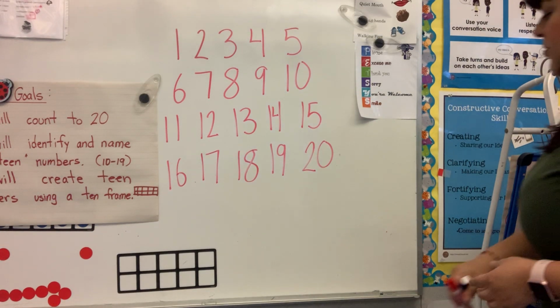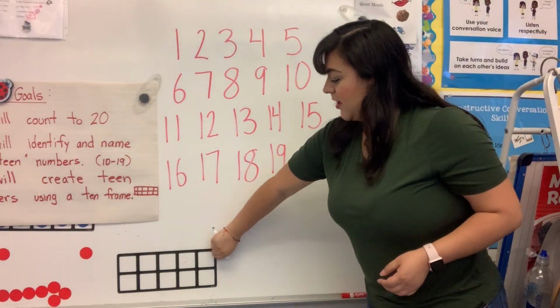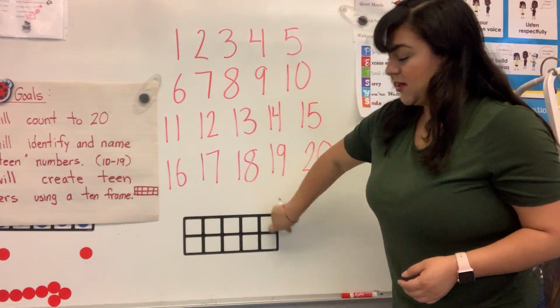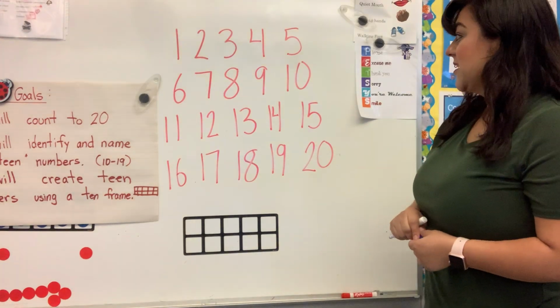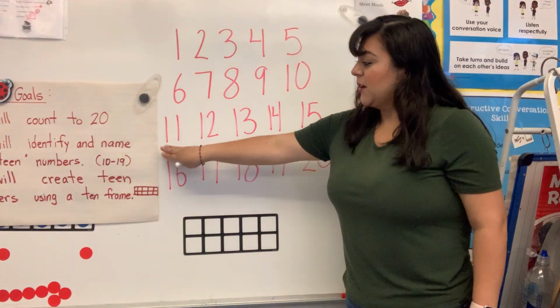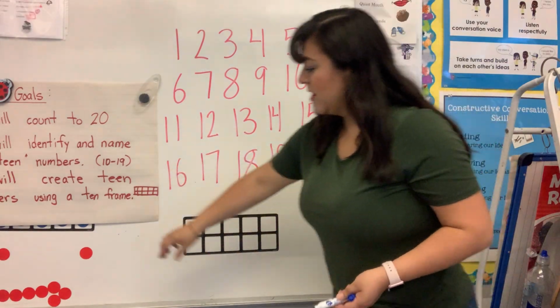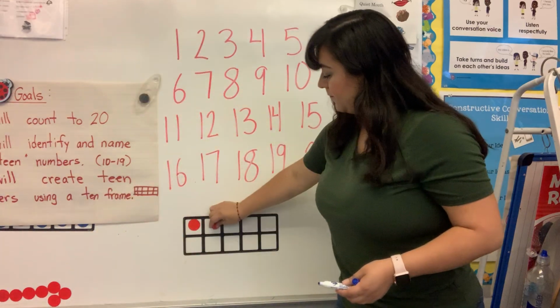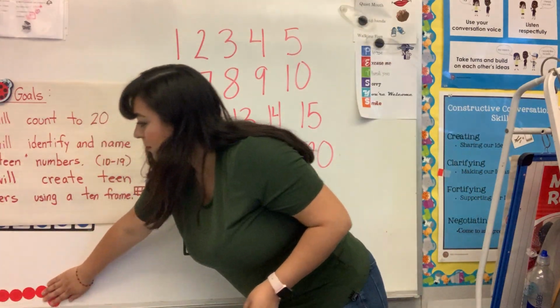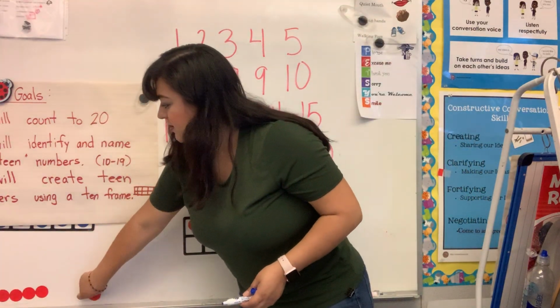Now, let's identify the teen numbers that we have on our whiteboard. So teen numbers are made up of a group of 10 and then you add some more. For example, if I want to make number 11, I use 10. Let's put in circles.